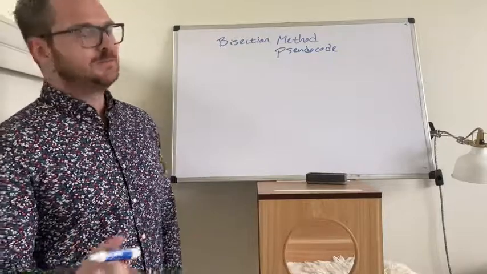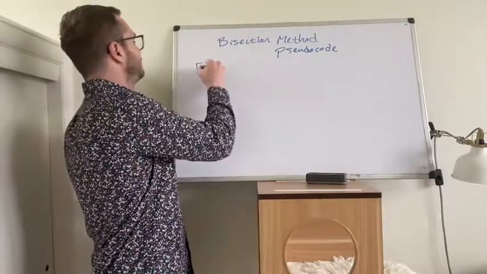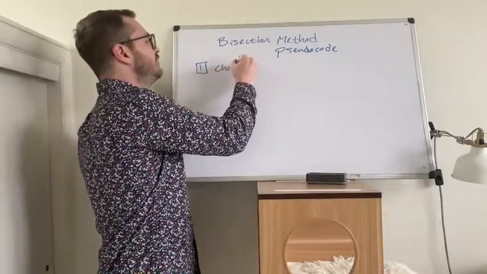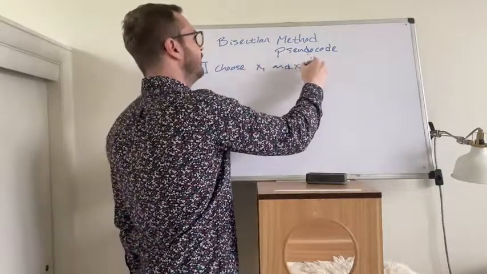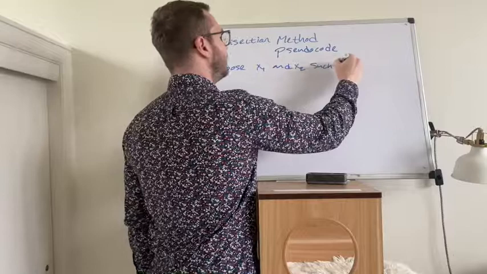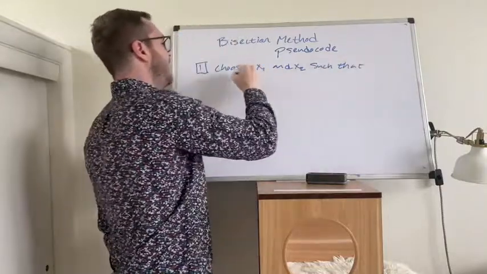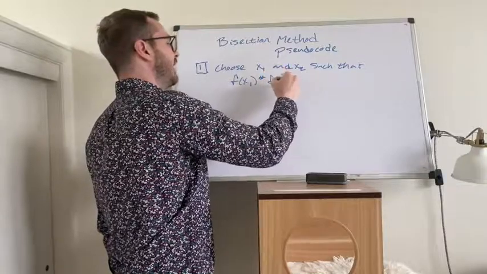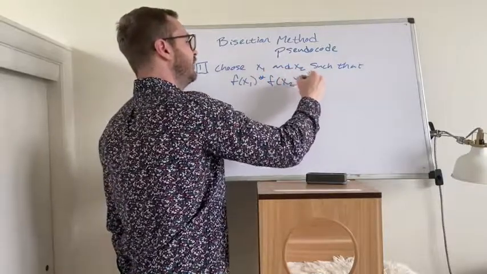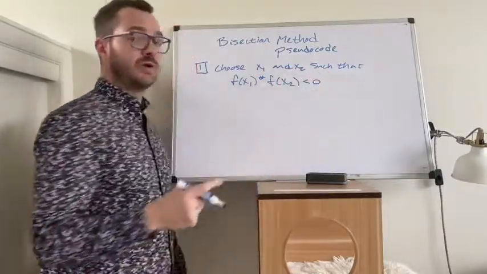Step number 1. Choose x1 and x2 such that f of x1 multiplied by f of x2 is less than or equal to 0.